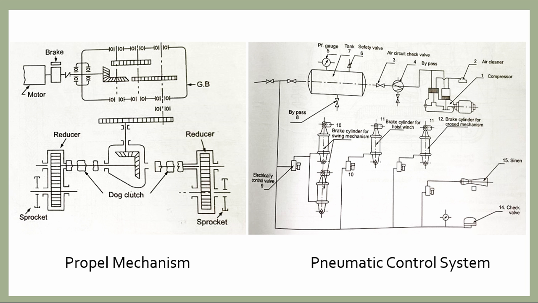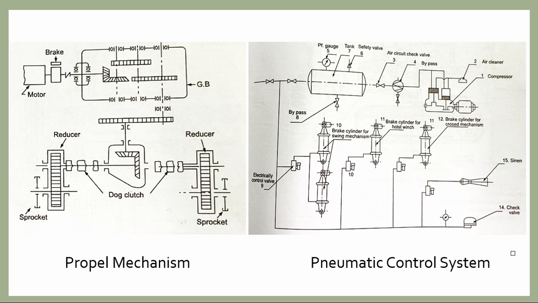So this pneumatic control system basically consists of a twin cylinder reciprocating compressor, which is driven by an AC motor, and it delivers air to the tank through an air check valve, and the tank is fitted with a pressure gauge and a safety valve.